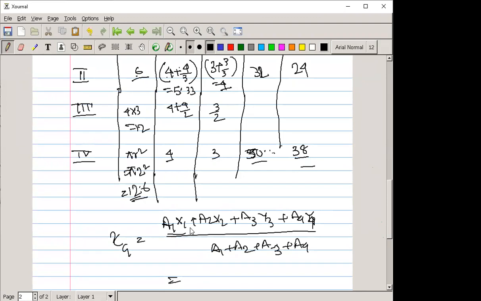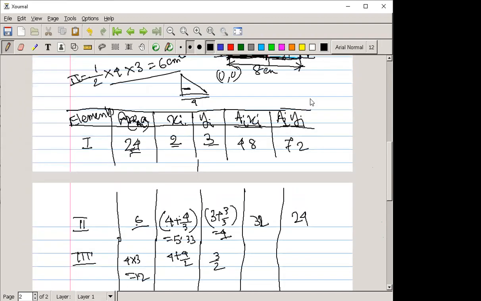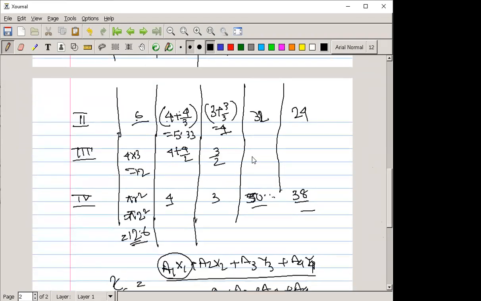Similarly, just put these values, you know a1 x1 is 48, a2 x2 is 32, a3 x3 is 72, a4 x4 is 50.